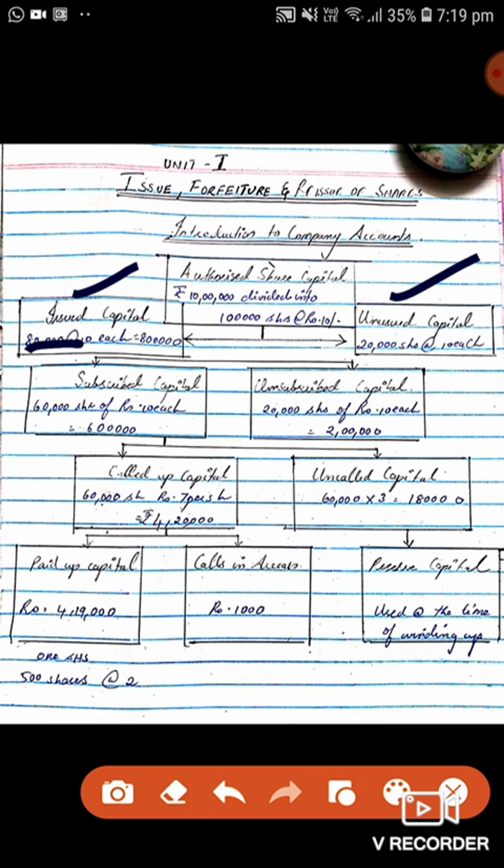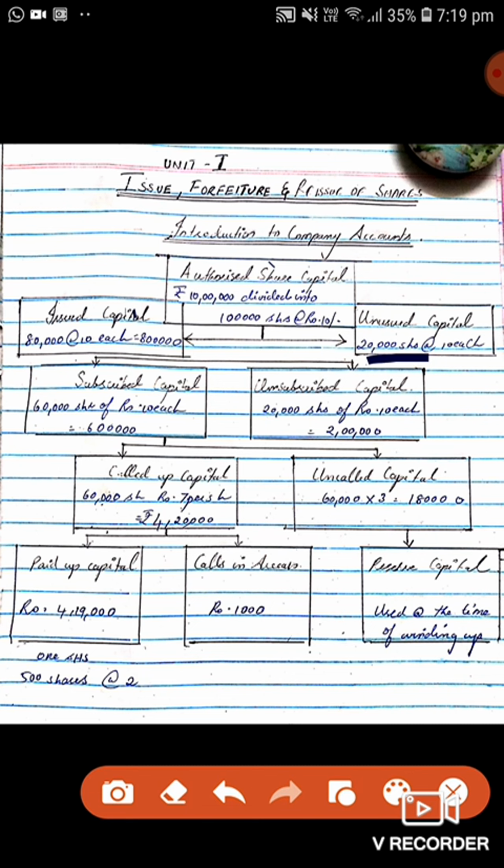So 80,000 shares at 10 each is 8 lakhs. So the issued capital is 8 lakhs. The difference between the authorized share capital and the issued capital is the unissued capital. So 20,000 shares is the unissued capital, which the company can use at a later date.